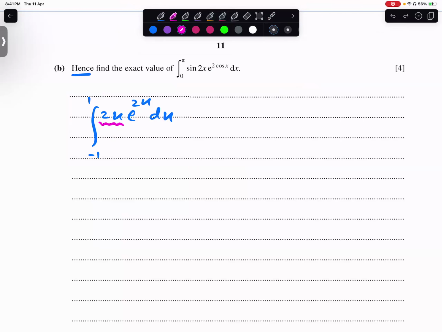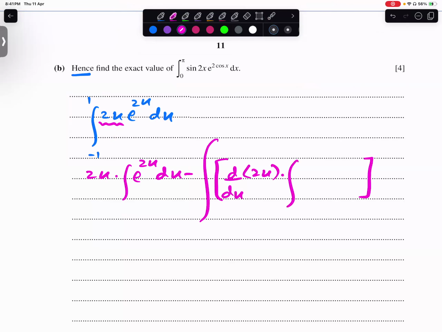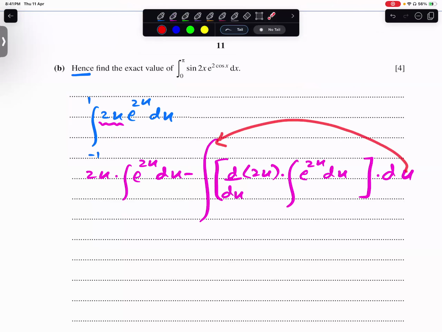So 2u integral of e2u du minus a little bit of integral and then square bracket and then derivative of the 2u dot integral of the e2u du and then a bigger du outside, which relates with this integral actually.